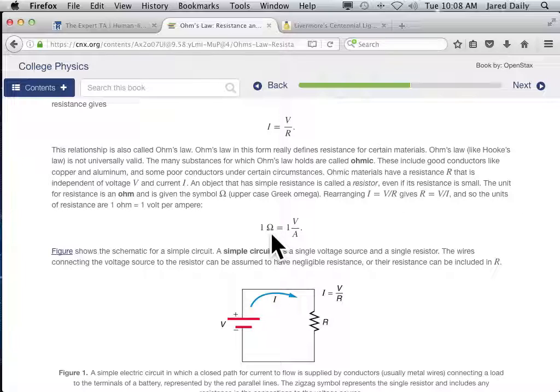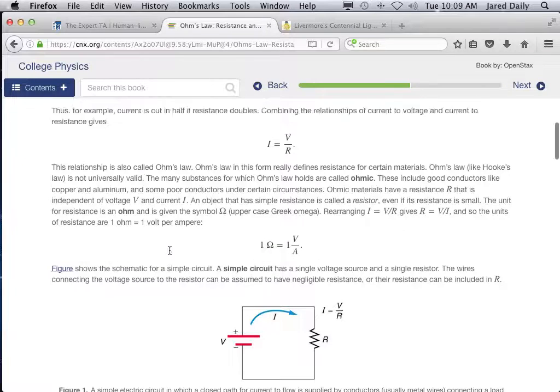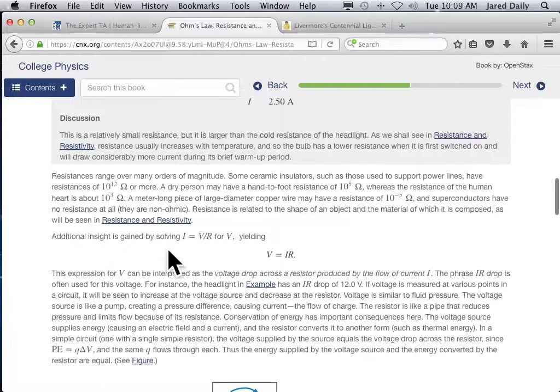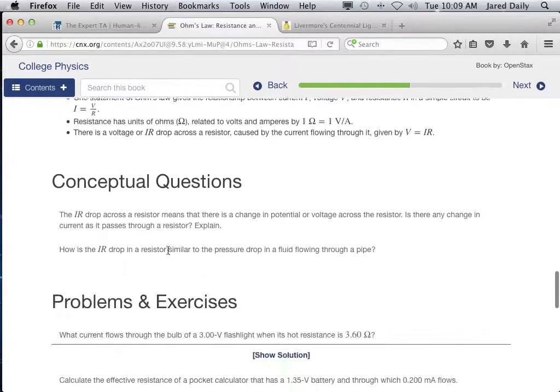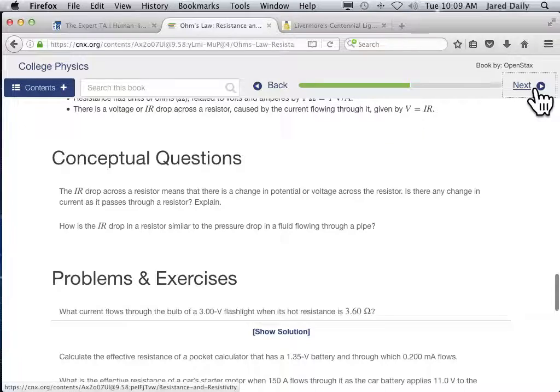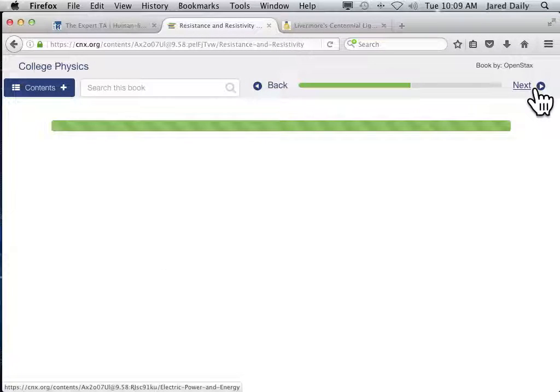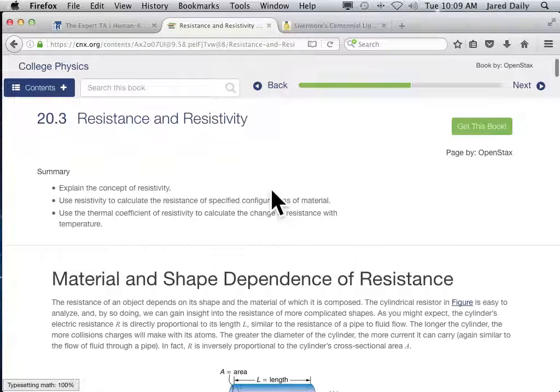If you have a 1 ohm resistor, that resistor allows 1 amp to flow for every volt you put across it. So that's Ohm's law, and you're going to do a fair amount with Ohm's law over the next little while.